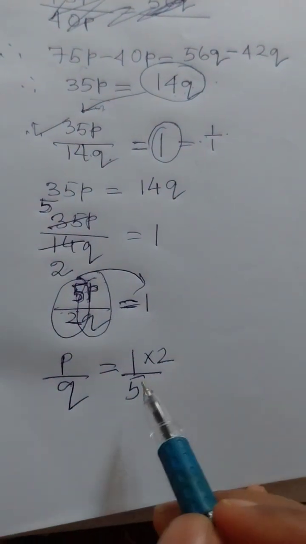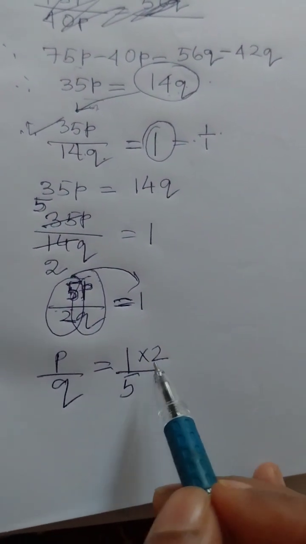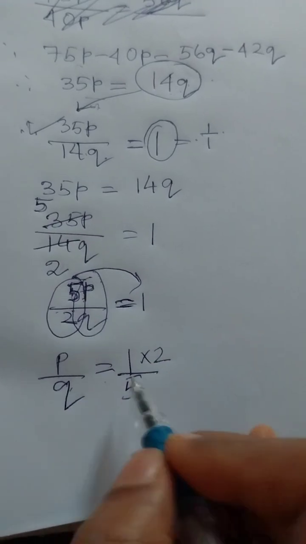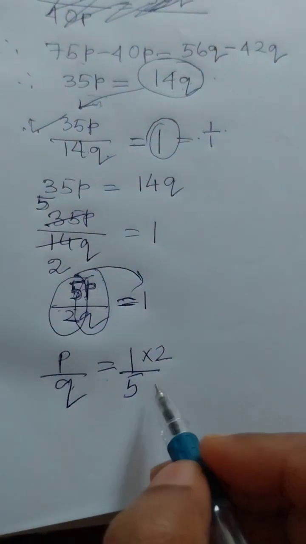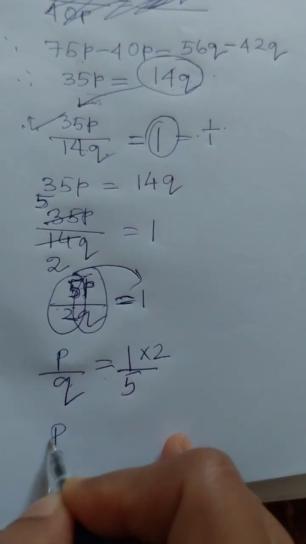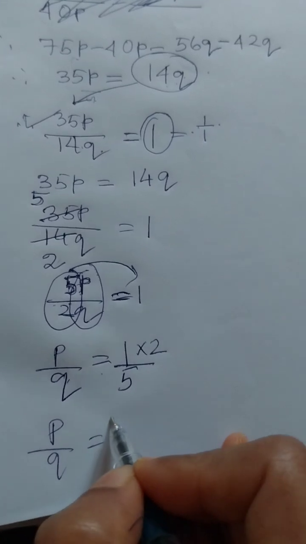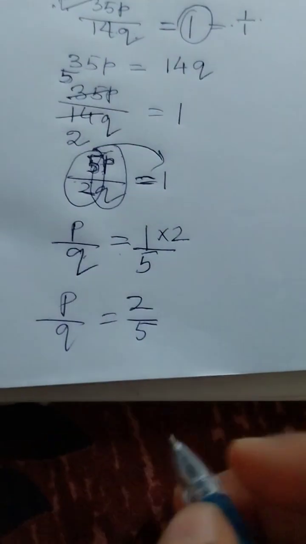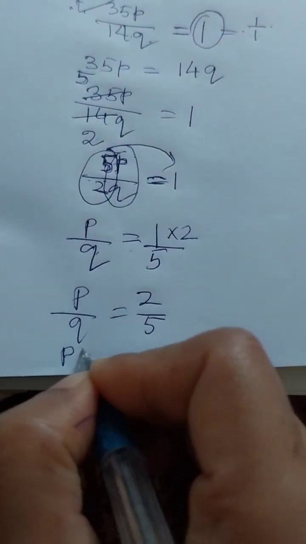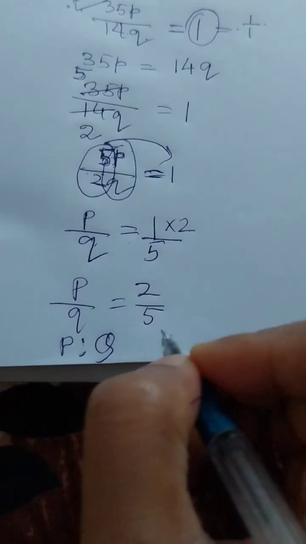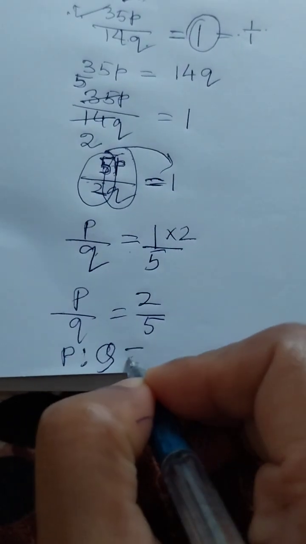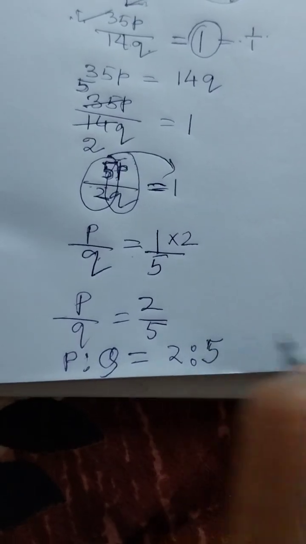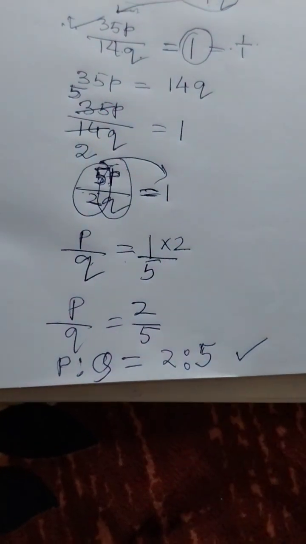So if we anytime want to bring it back to the left side, it would be 2q and 5p again, right? So you can cross check that you are doing it correctly. So now p over q would be simply equivalent to 2 over 5. We'll write this as in the question: the ratio p to q would be 2 to 5, and this is the final answer.